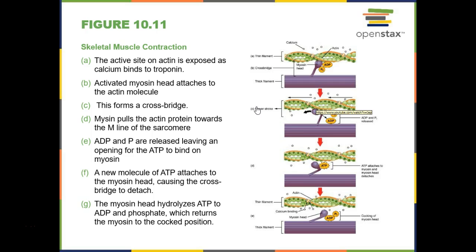So remember, the M line is the very middle of that sarcomere, and so myosin is pulling the actin towards the M line. Actin is moving towards the M line. We're actually shrinking the H zone, the region where there's only myosin, and we're increasing the size of the A band.